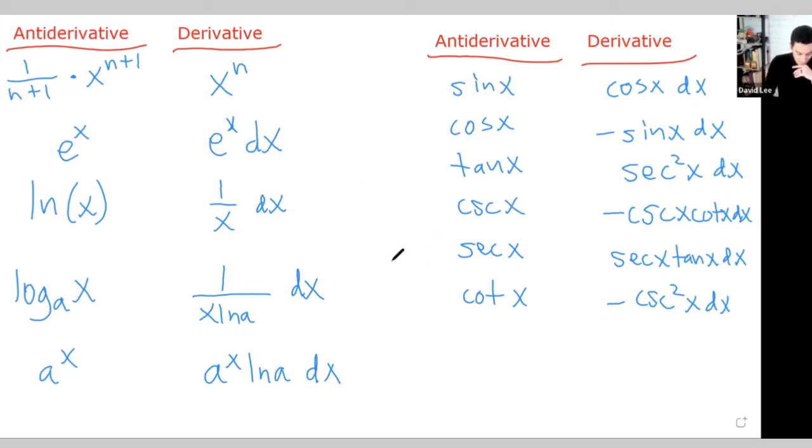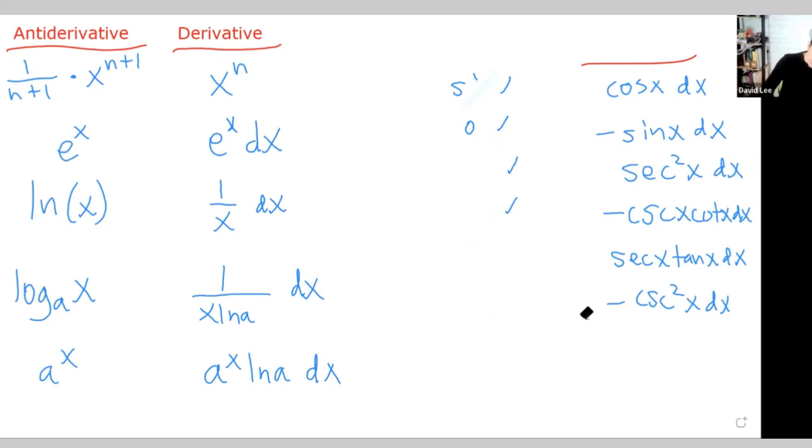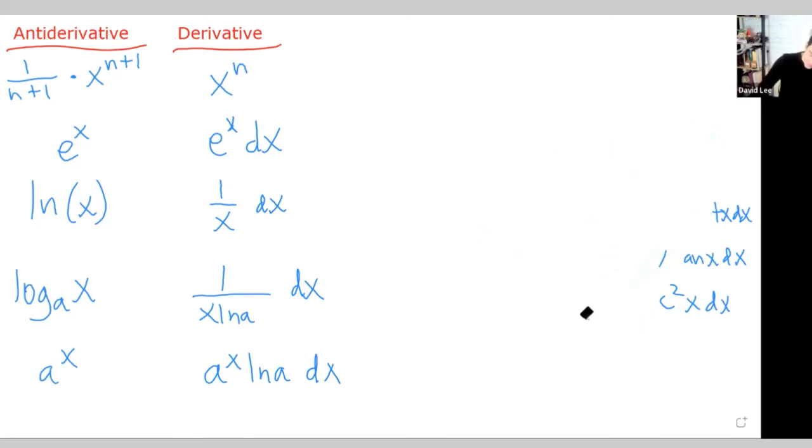So maybe I can just give you guys an example. Let me erase just this right hand side. So let's do a bunch of examples here. And maybe first I can do examples with the things that I'm going to leave here on the left. So for instance, here we go.